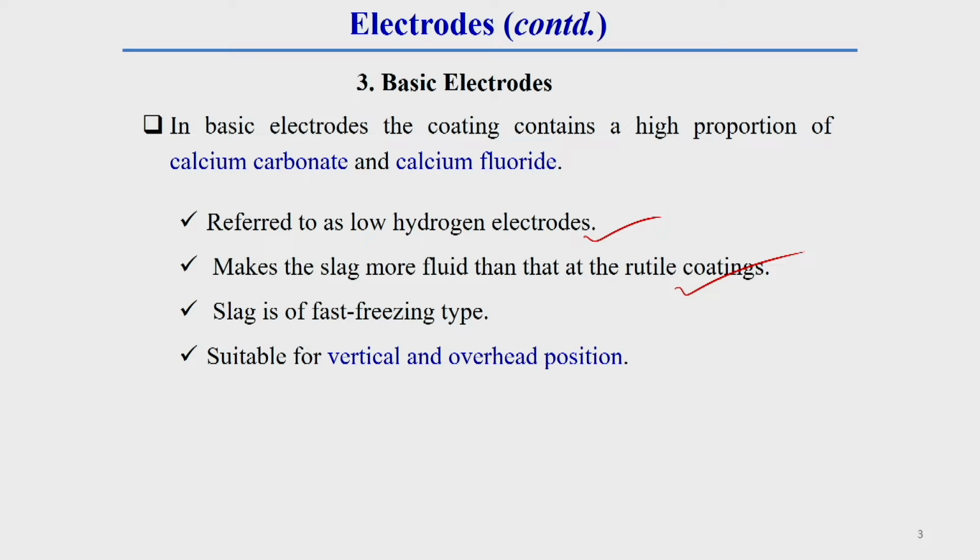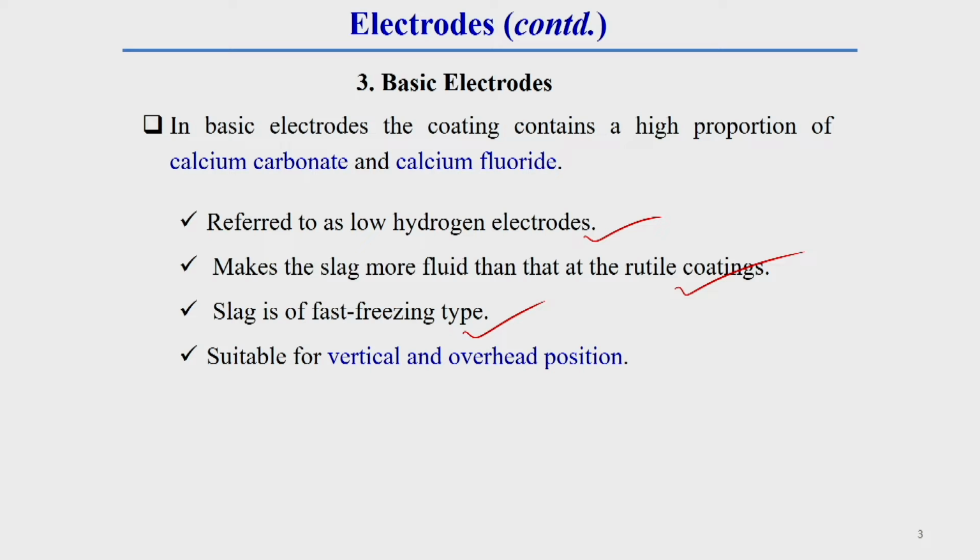There we observe that the bead appearance is quite good in the case of the rutile type of slag, but here the slag is more fluid than the rutile coating. And one thing you should keep in mind: here the slag is of the fast freezing type, that means it solidifies immediately. Its solidifying rate is very fast compared to the rutile type.